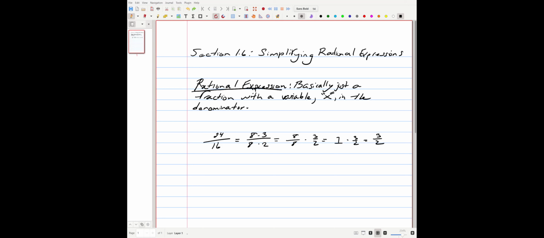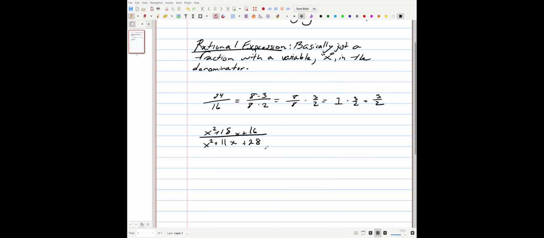So what does the polynomial version look like? Well, assume we have x squared plus 8x plus 16 over x squared plus 11x plus 28. So remember what we did in the first step was we factored it down. So we're going to need to factor the numerator first.